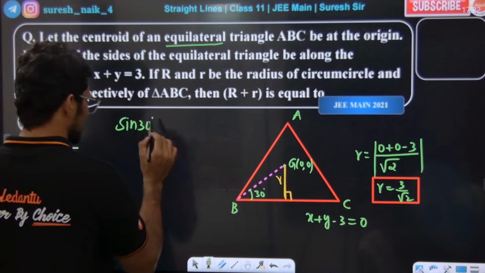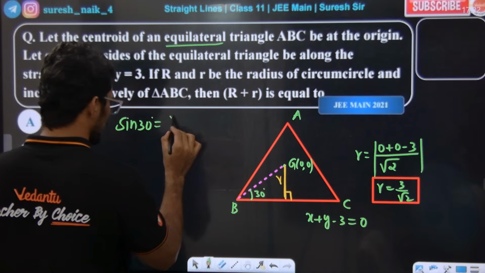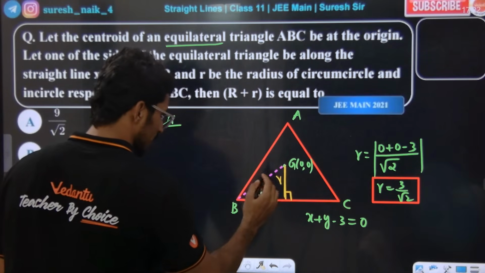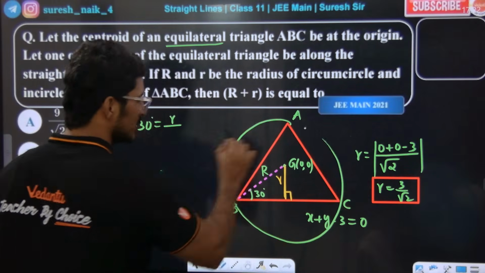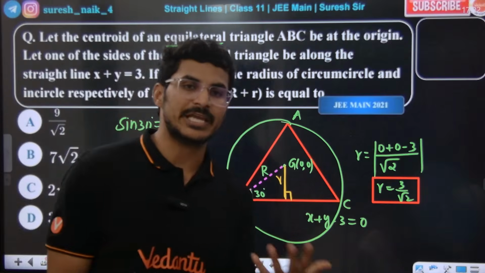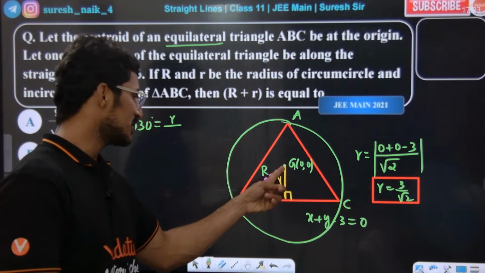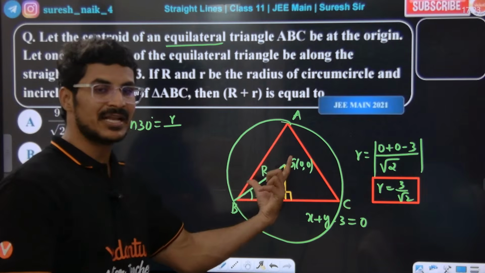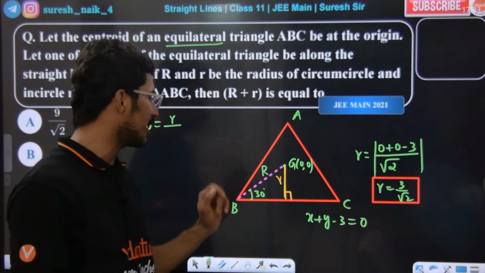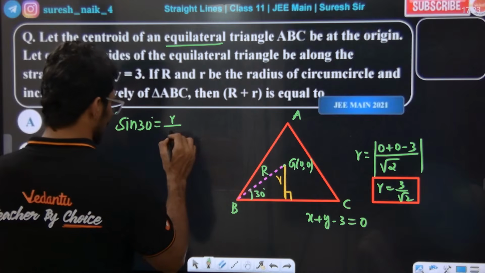Sin 30 is opposite by hypotenuse. This is capital R. Why capital R? Because this is the circumcircle. Capital R is the radius of the circumcircle.